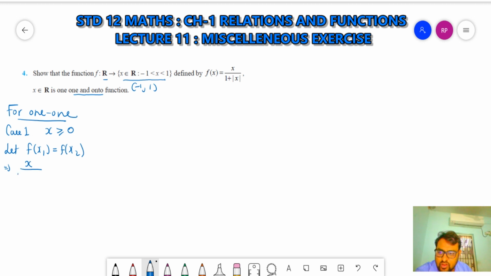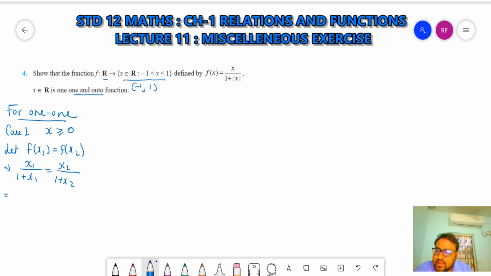x1 upon 1 plus x1, because see, 1 plus x1 is greater than 0, so modulus of x will be equal to x. This is equal to x2 upon 1 plus x2.